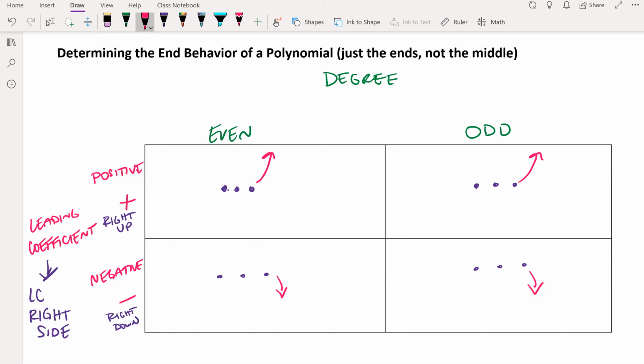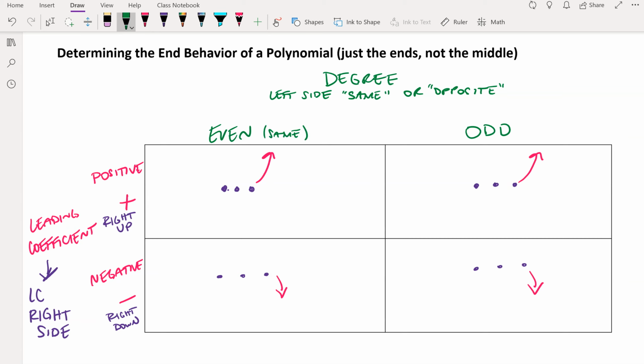Okay, now let's talk about degree. The degree tells us if the left side goes the same or opposite of the right. So if the degree is even, that means same direction.